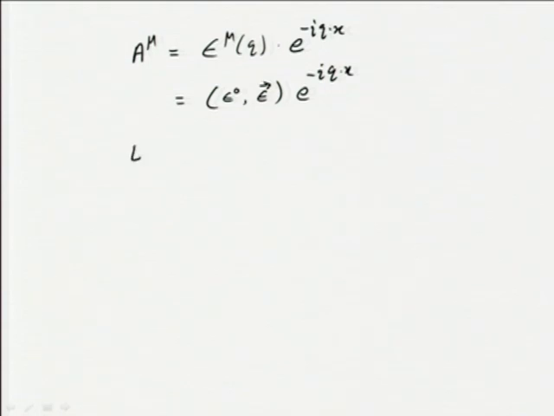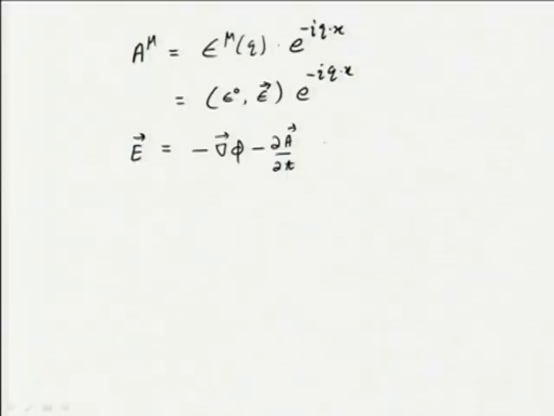What is E? Electric field is equal to minus grad phi minus dou A by dou t. Supposing we do not have any electrostatic potential phi and the electric field is only due to the changing magnetic field, like in the case of electromagnetic waves.